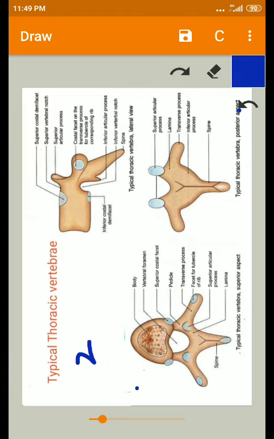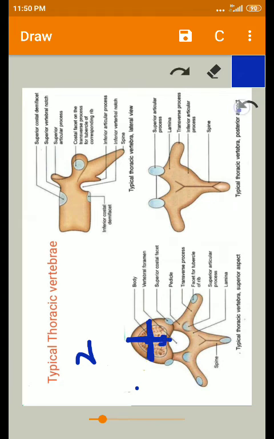It is often heart shaped, with roughly equal AP diameter, that means antero-posterior diameter, and transverse diameter. So AP diameter and the transverse diameter are almost the same.